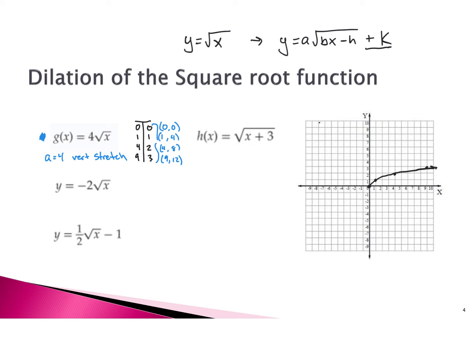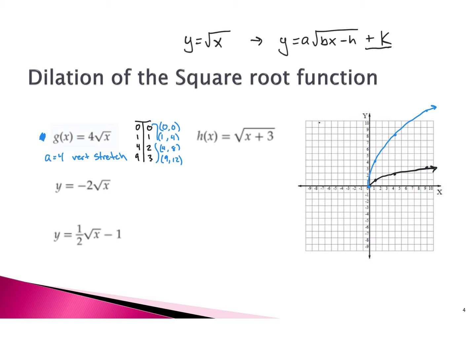Okay, so if there's my parent function over there, my new graph is going to be 1, 4, 4. And then 9, 12 is almost off our graph, but it's about right there. Okay, so notice how it really did get stretched up.